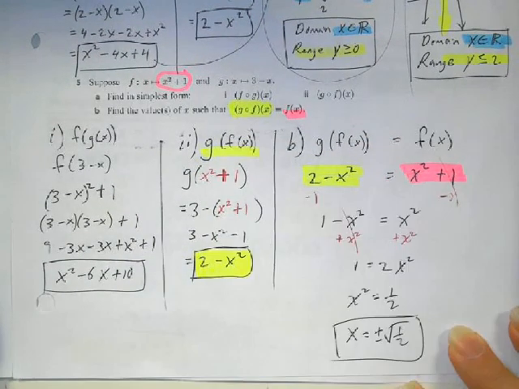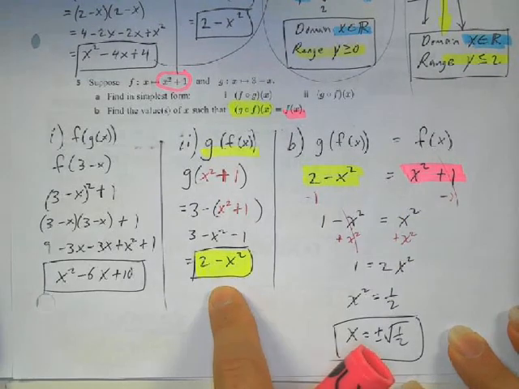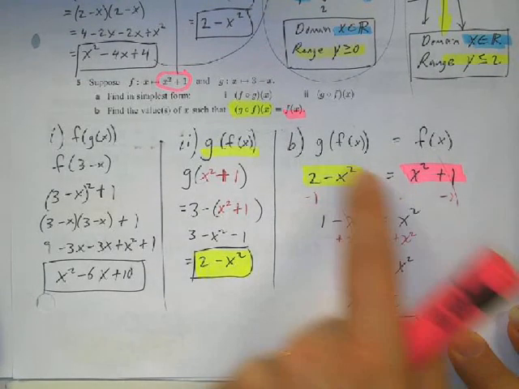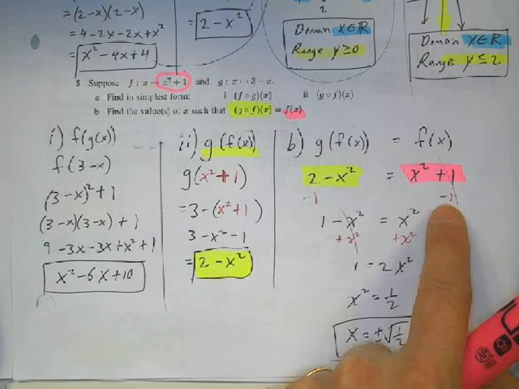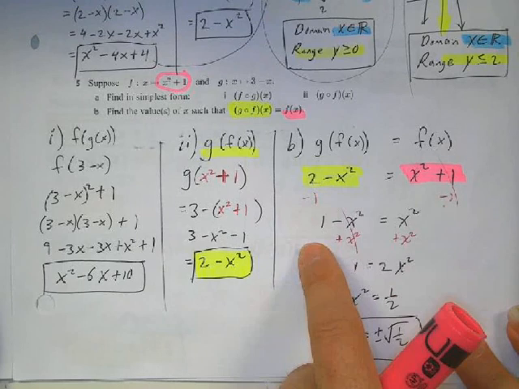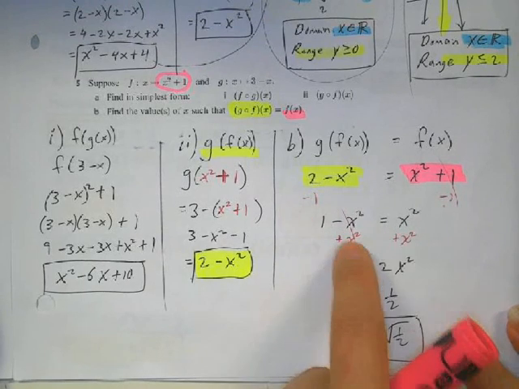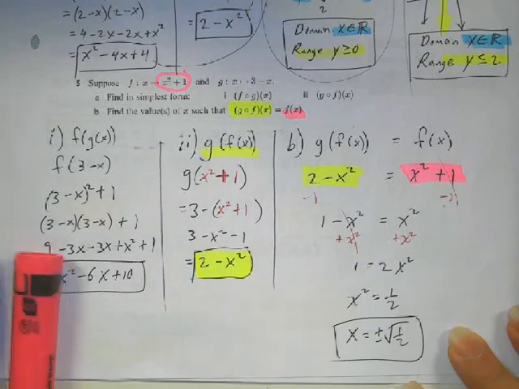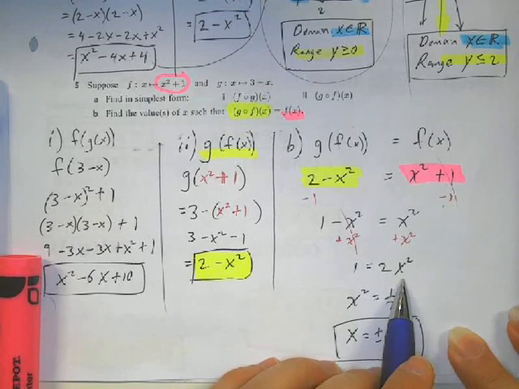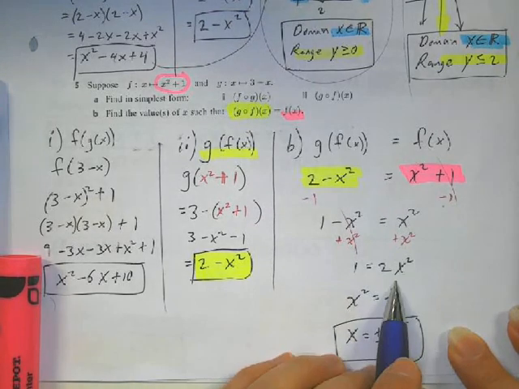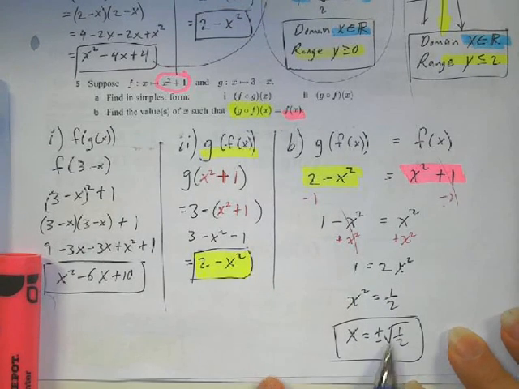Okay. So g of f of x, the answer from part II, equals f of x, which is x squared plus 1. Okay, now we do some algebra. I subtract 1 on both sides, and I get 1 minus x squared equals x squared. I can add x squared on both sides to make this cancel out, and then I get 1 equals 2x squared. I divide both sides by 2, I get this, and then I take the square root of both sides.